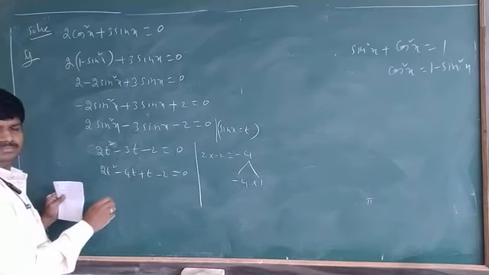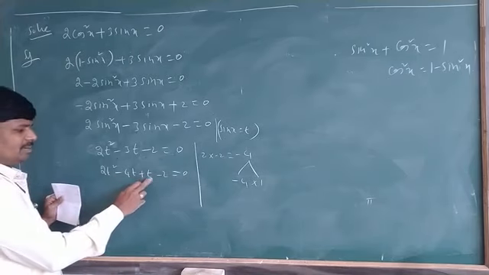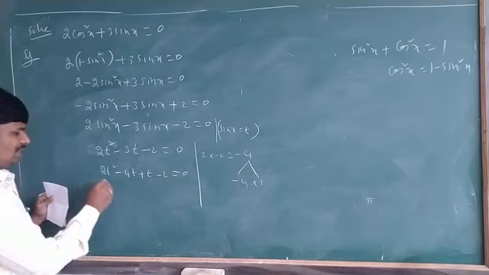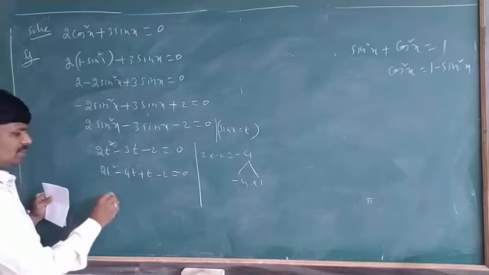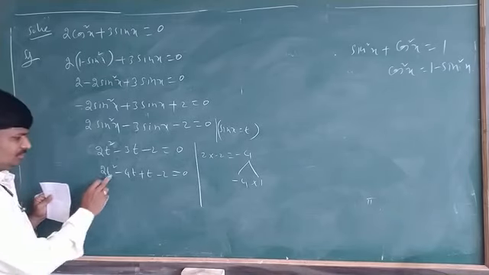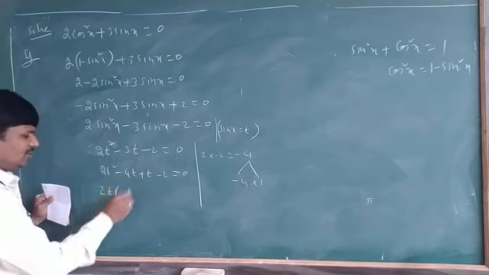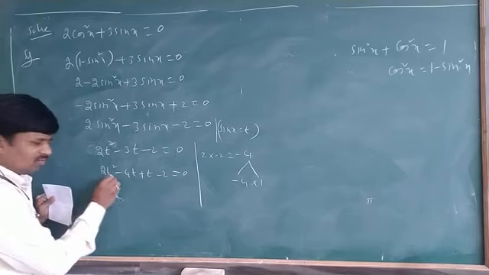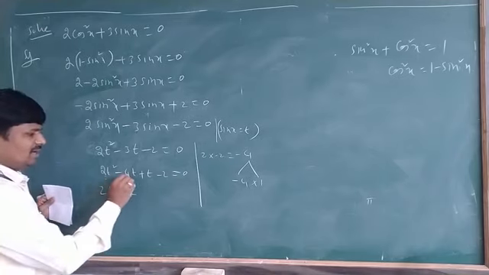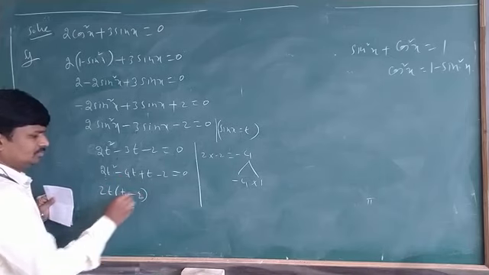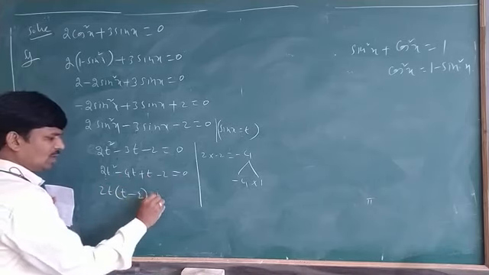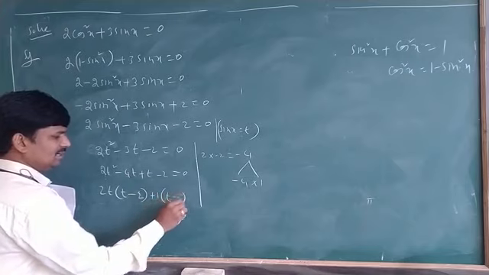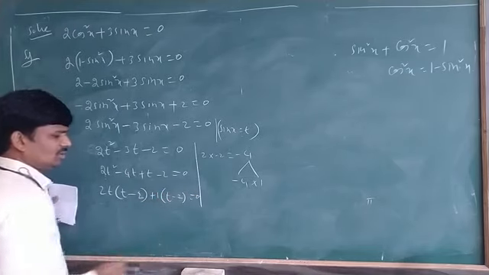From the first two terms, what can we take out common? 2t. 2t square, t is there, so 2t I am taking common. What will be left? t minus 2. Plus here 1 I am taking common, t minus 2 equal to 0.